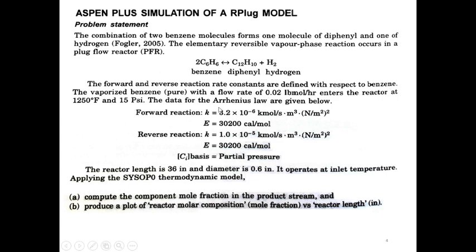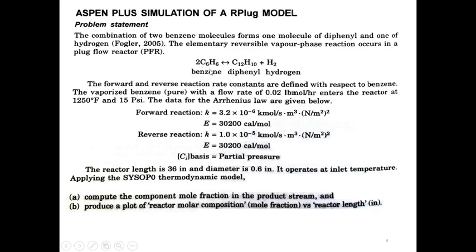Now comparing to the previous problem that we have done, over here it is a reversible reaction. So no need to get worried. It is the same procedure that you have to follow. Just remember that since a reversible reaction is taking place, previously we had defined only one single reaction. In this case, you have to define two reactions.